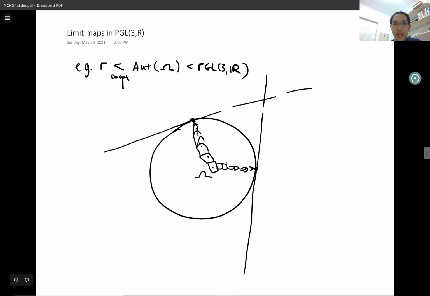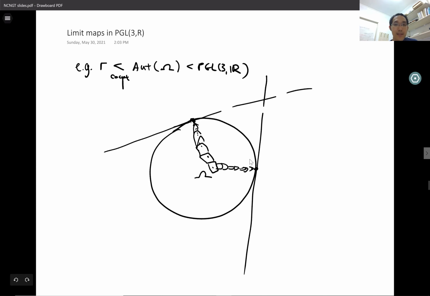And the other limit map to the dual projective space is going to take our boundary point x to the unique projective line that's tangent to the hyperbolic disk at that limit point. So this projective line, remember, represents a hyperplane. So it's a point in the dual projective space.